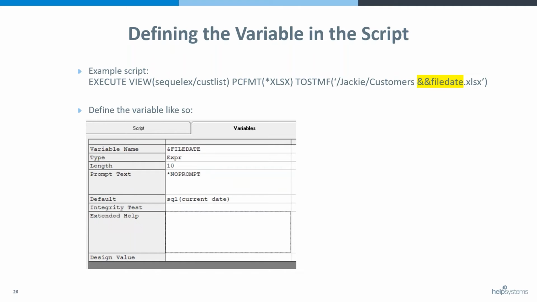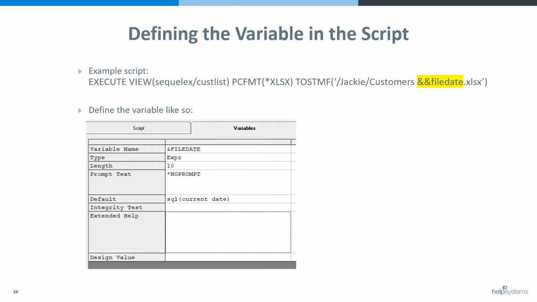And on the variable tab within the script, it's defined as an expression type with the appropriate length. And I'm using *no prompt for the prompt text, which means it's not going to prompt your end user for input because on the default line, I'm specifying the current date.